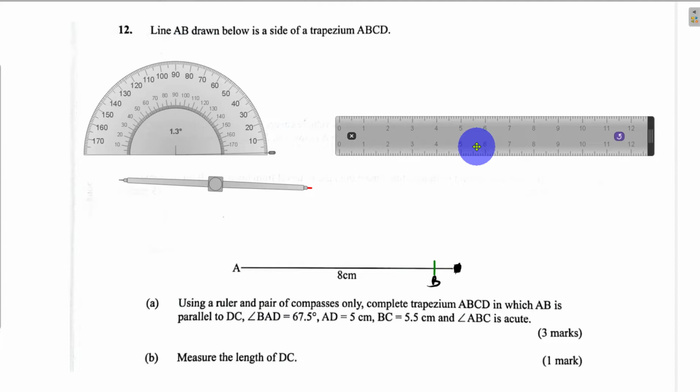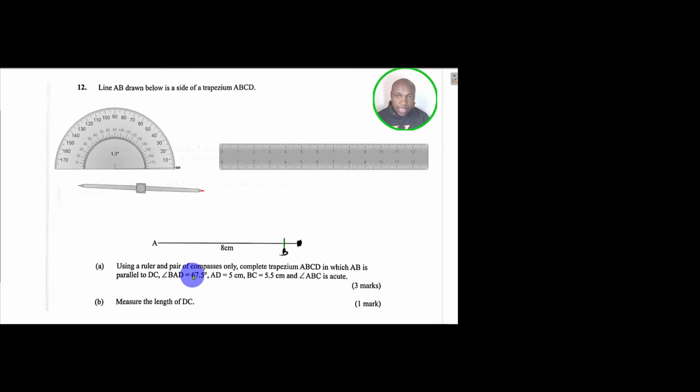Let's go first and see in the first part how we are going to construct this angle 67.5 degrees. Of course, that angle will be here at A, then C will be somewhere here, D will be somewhere here. We shall construct C. So how do we construct 67.5 degrees?